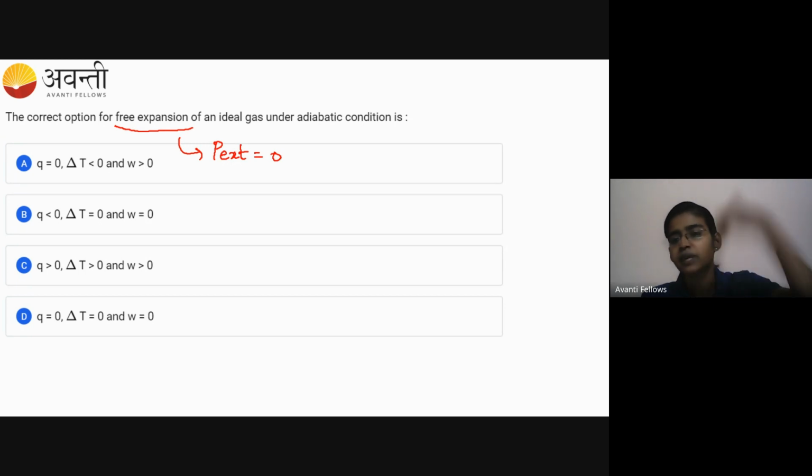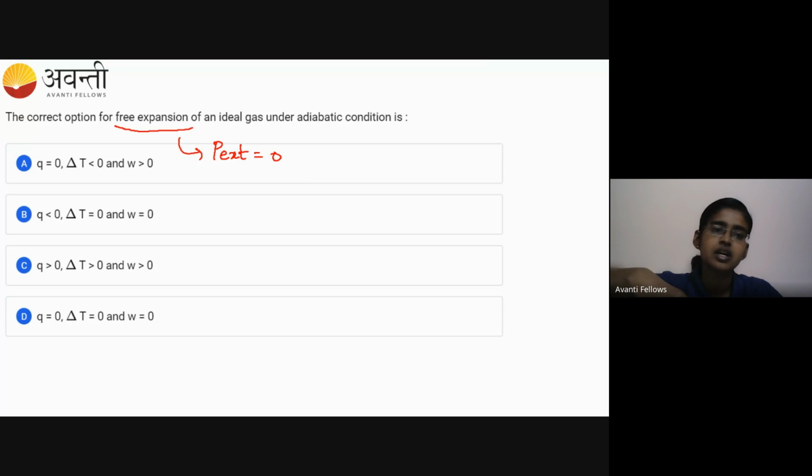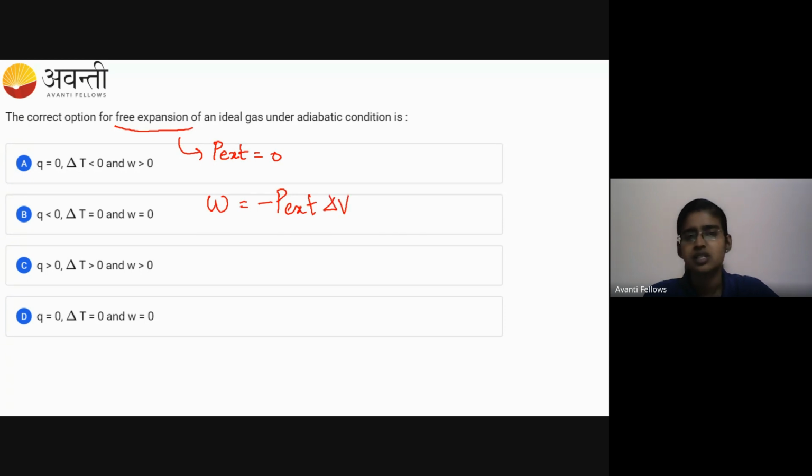The system is expanding freely, so we cannot give some pressure and do the work on the system. So it will be equal to 0. Now we know that W is equal to minus P external delta V. This was a relation to find out the work done. And here we have P external equal to 0, meaning the whole term will be equal to 0.